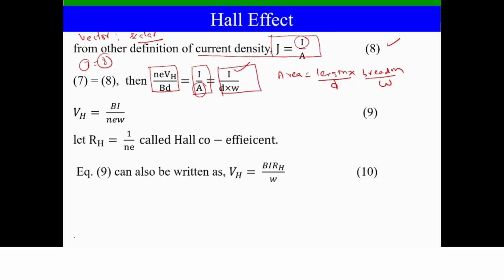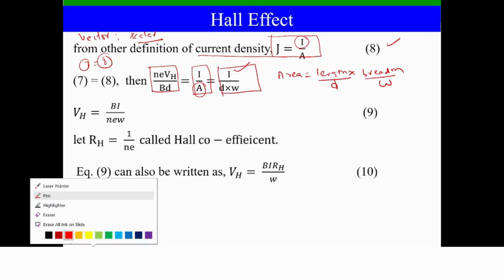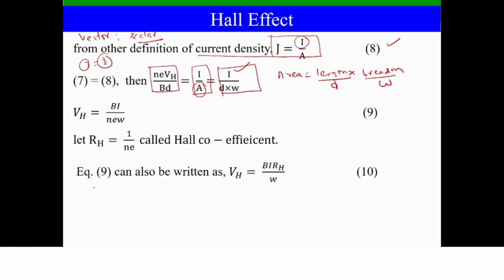In this equation, observe the left hand side and right hand side. Where are the similar terms you can cancel? Small d is a similar term. Okay, cancel. After cancelling, the remaining part is NeVH by b is equal to I divided by w. Now we modify this equation. I need the equation for the Hall voltage.